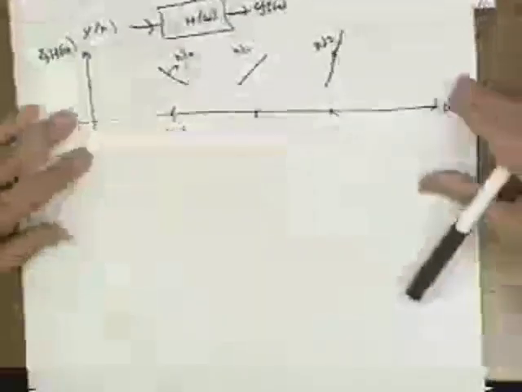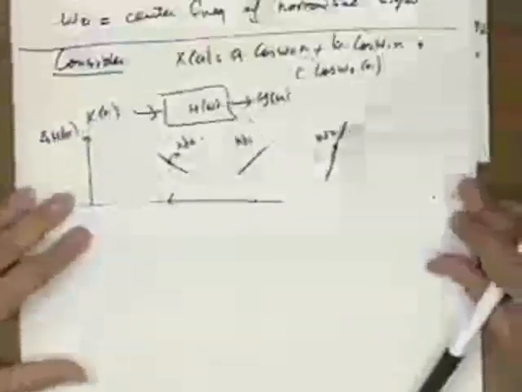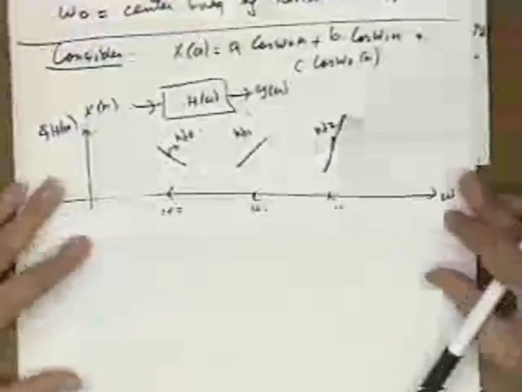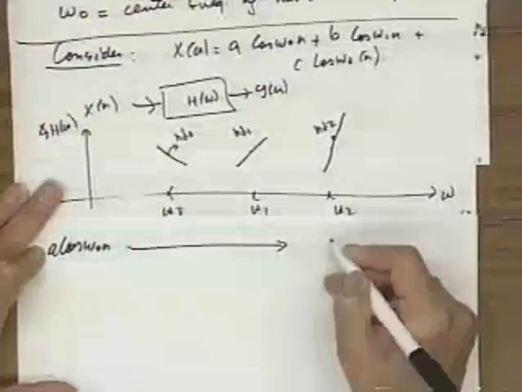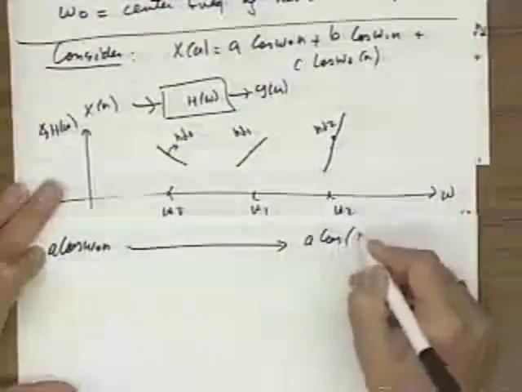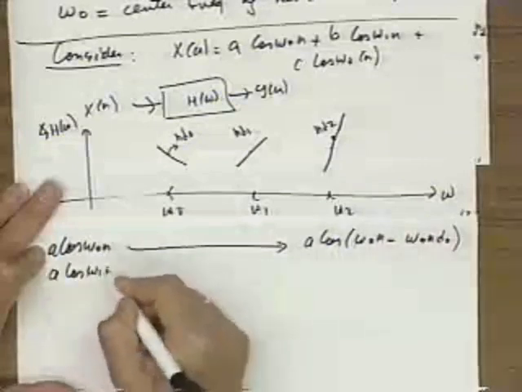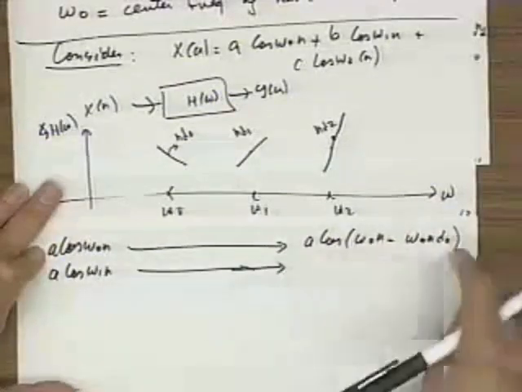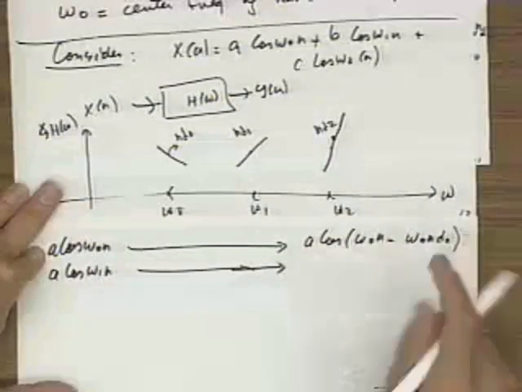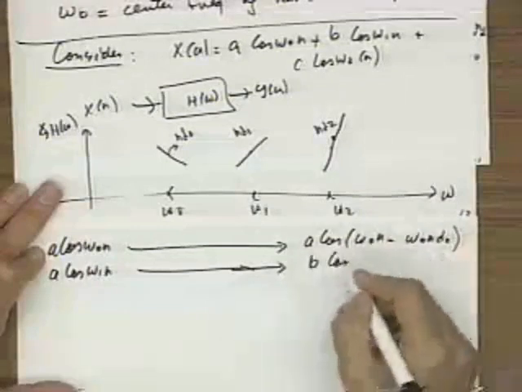Then, when the signal is input to this filter, what comes out of it really is this thing delayed. So a cosine omega naught n goes in, and what comes out is a cosine omega naught n minus omega naught n d naught.